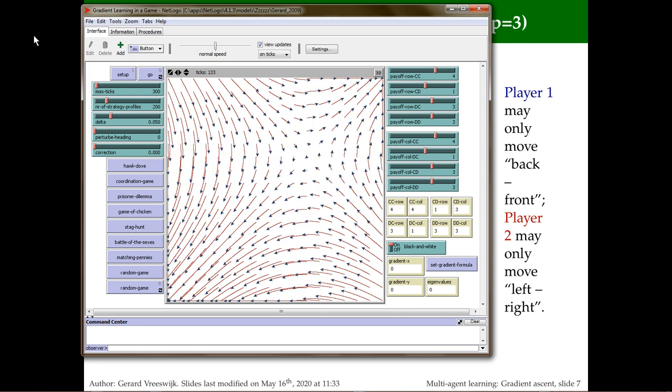So here we are. So reward is 4, temptation is 3, sucker is 1, and punishment, if both defect, is 3.